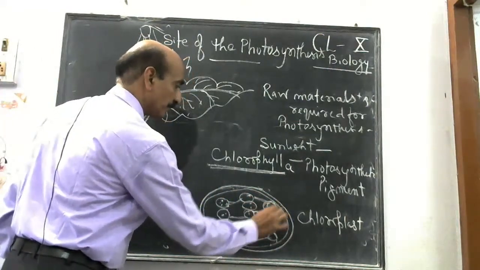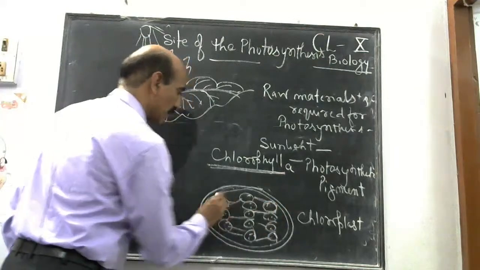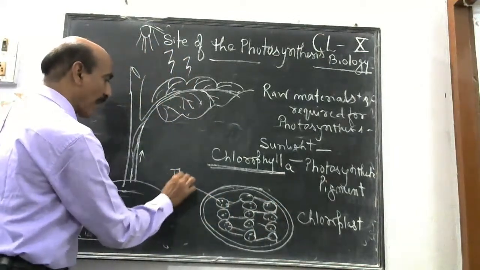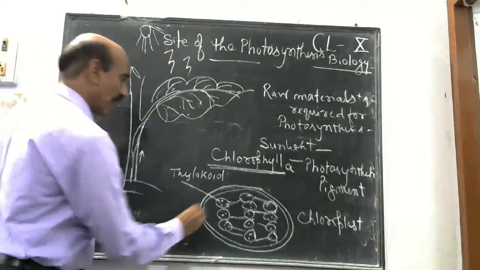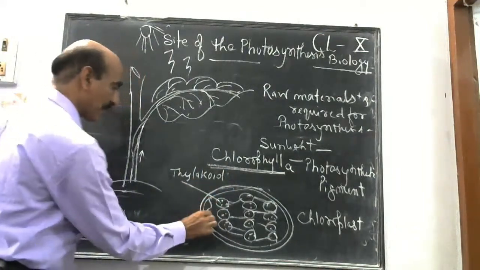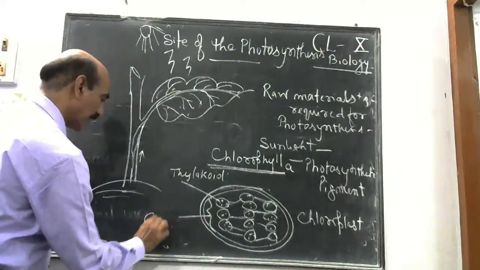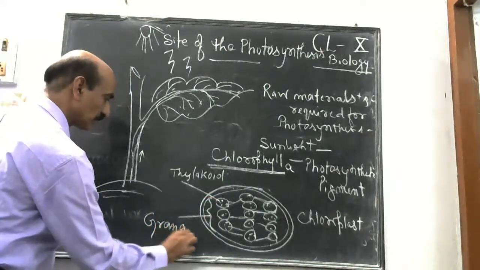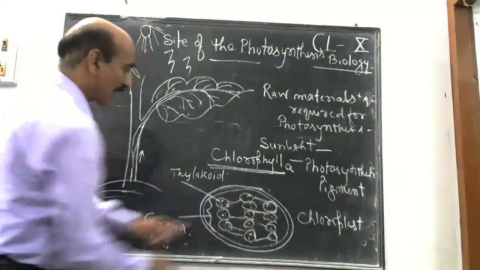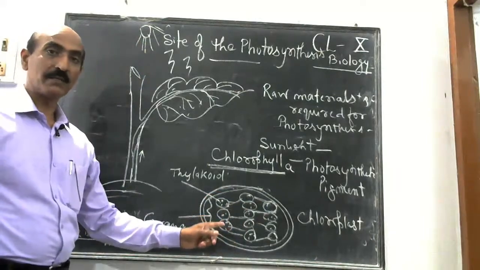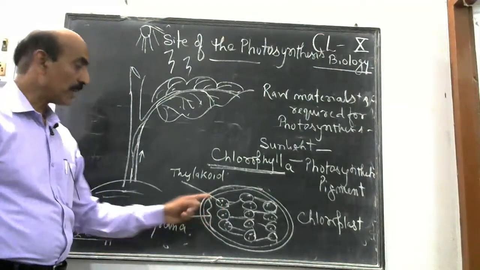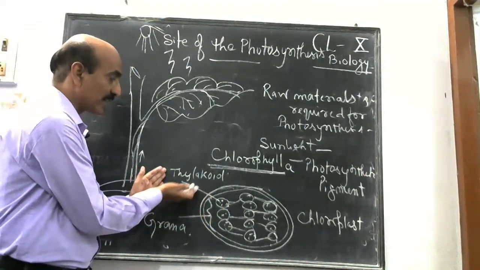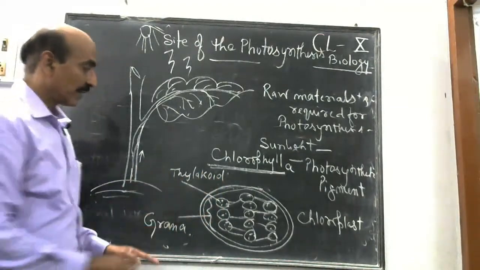This single unit is called a thylakoid, and this whole thing is called a granum. These are all grana, and each similar one is called a granum. One stack of thylakoids is called a granum.